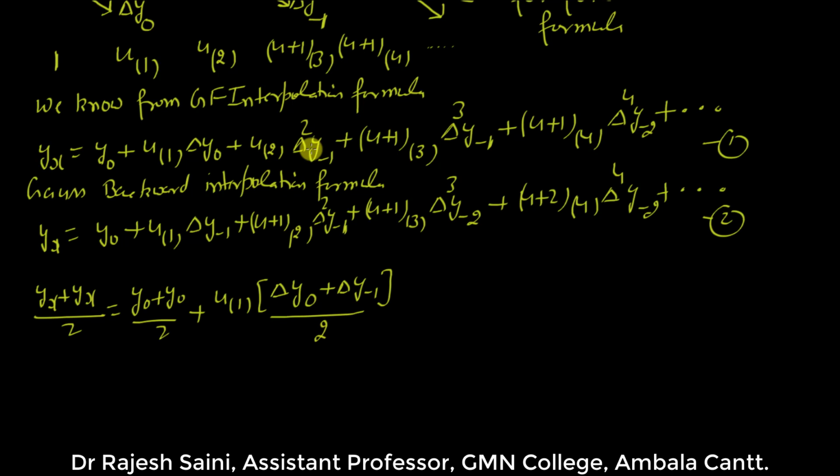Here u subscript 2 plus u plus 1 subscript 2, and outside is delta square y minus 1, and this is divided by 2. Fine.